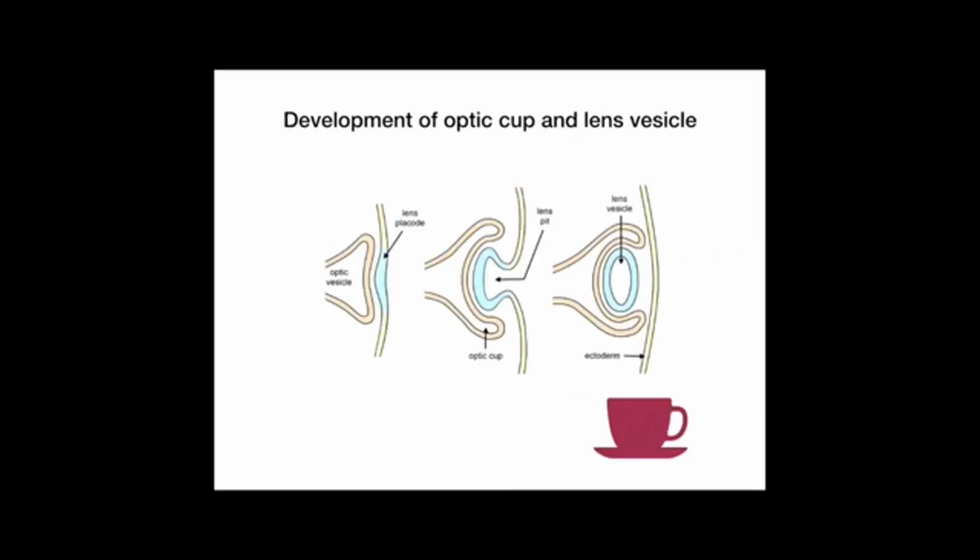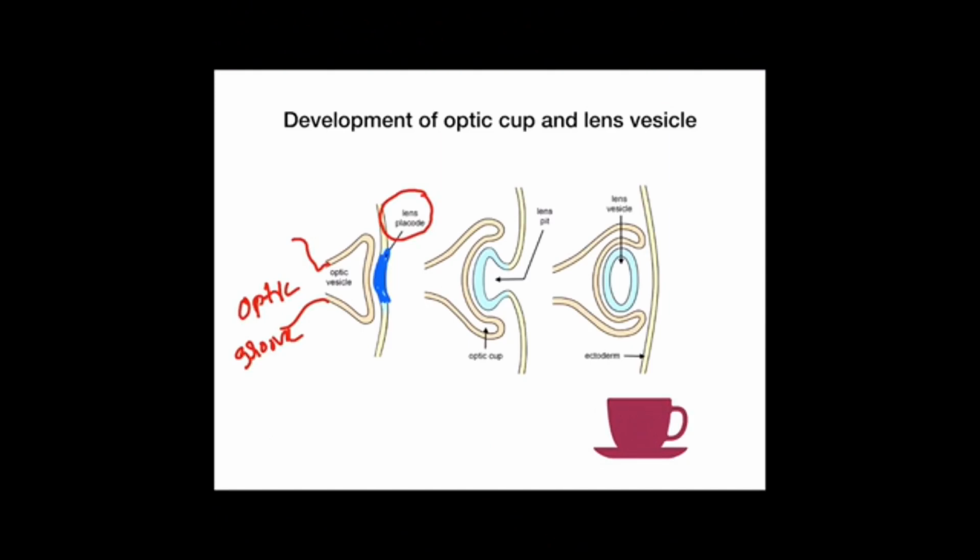Development of optic cup and lens vesicle. Optic vesicle develops from optic groove or neural groove by evagination process. As it goes outside, this optic vesicle makes contact with the outer ectoderm, and the area where optic vesicle makes contact with the outer ectoderm becomes thick, and this thick structure is called lens placode.